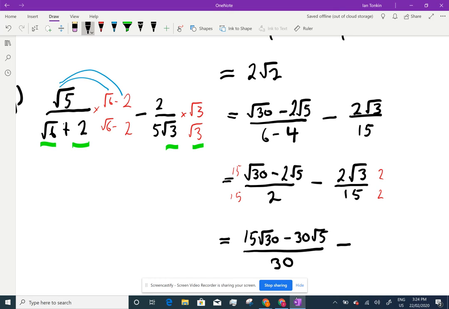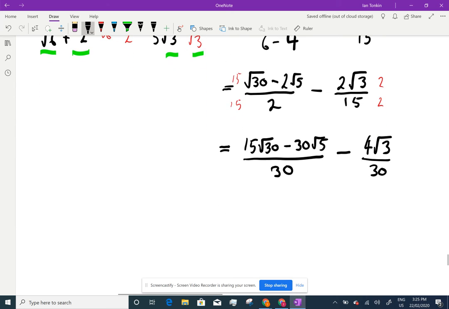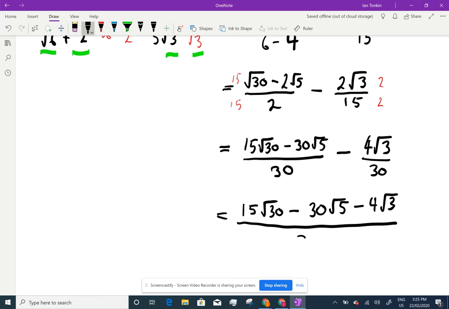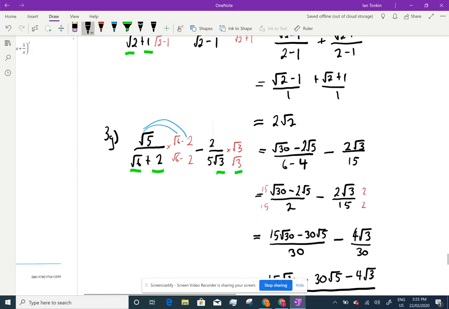And here I get 4 root 3 on 30, which gives me 15 root 30 minus 30 root 5 minus 4 root 3 on 30. Now, that's A.